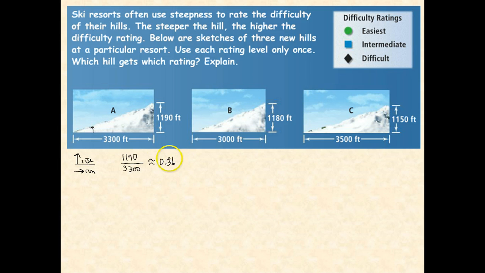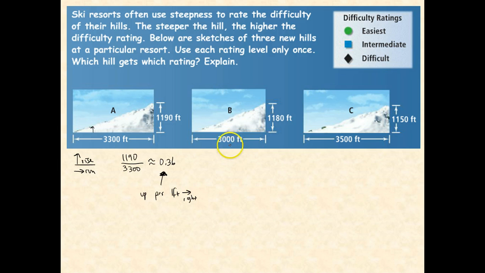So the higher this number is, the more steep it is, because this is how much you're going up per 1 foot that you go to the right. So if this number is higher, then you're going up more as you go 1 foot to the right.